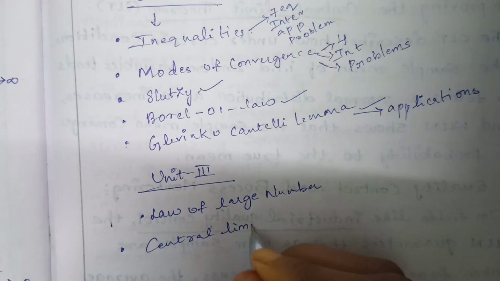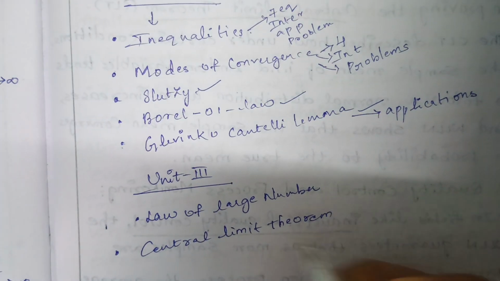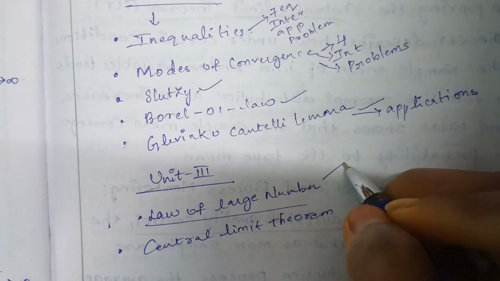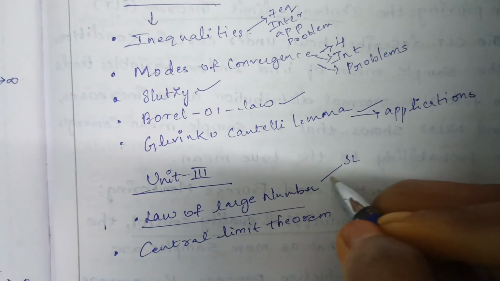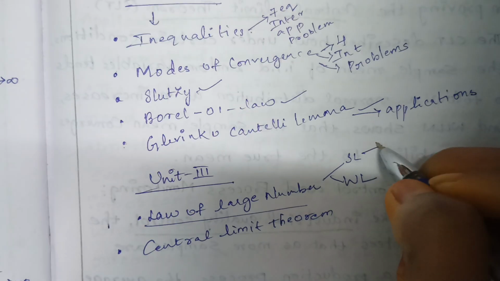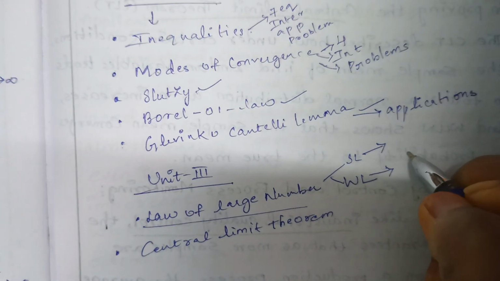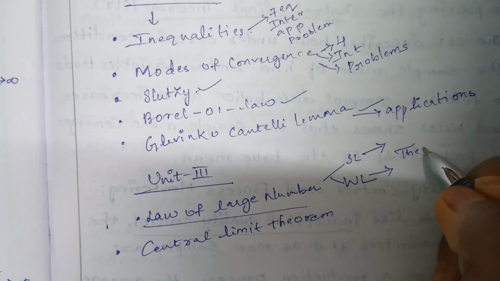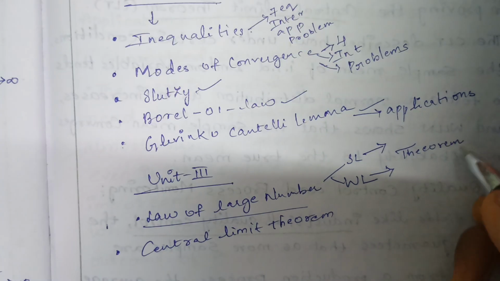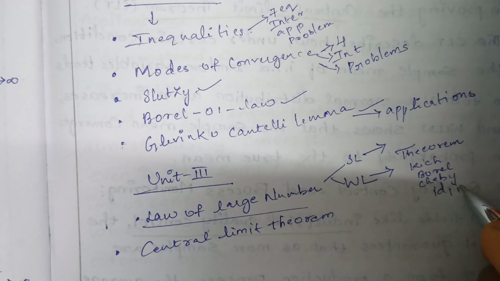Which means in the law of large numbers we have both the strong law of large numbers and the weak law of large numbers. What comes under the strong law of large numbers? What comes under the weak law of large numbers? Their respective theorems, like Khinchin's, Borel, Chebyshev's, IID case.